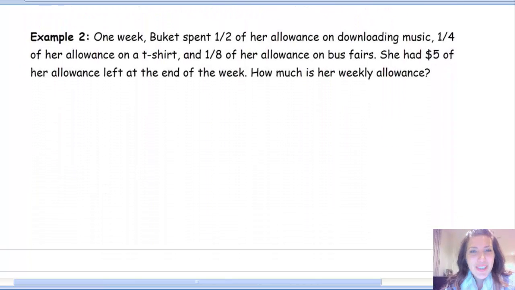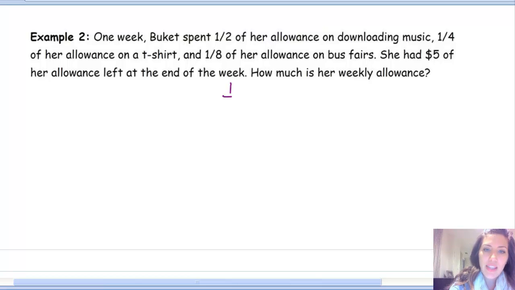All right, last question for today. One week, Bouquet spent half of her allowance downloading music, a quarter of her allowance on a t-shirt, and 1/8 of her allowance on bus fares. She had $5 of her allowance left at the end of the week. How much was her weekly allowance?